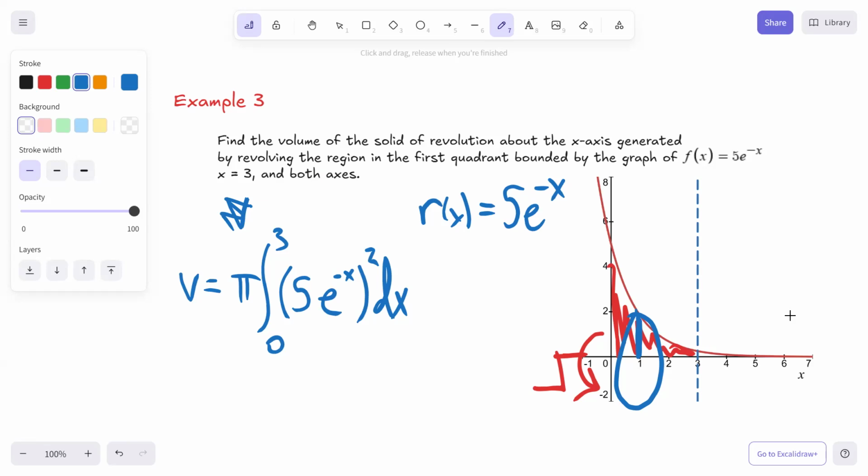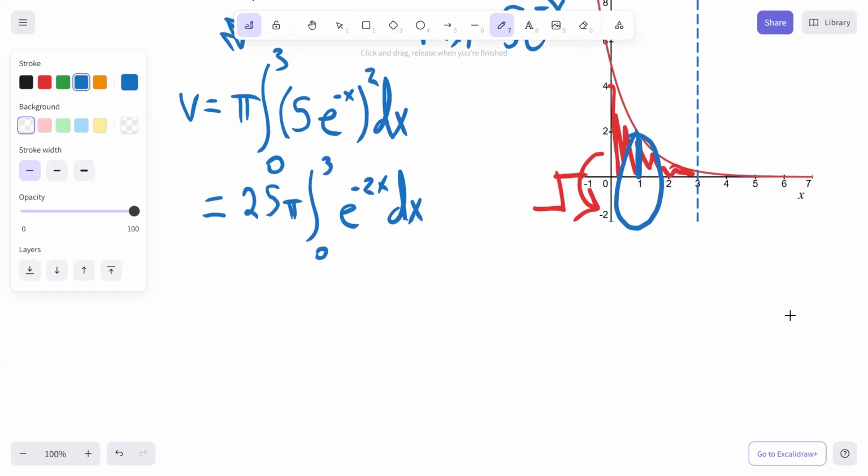All right. So for this one, first off, we'll square this. If I square the 5, that's going to give me 25, so I'll factor that out with the pi. And you get the integral from 0 to 3 of e to the negative 2x dx. Now we know how to integrate this because we can use u substitution and pattern recognition.